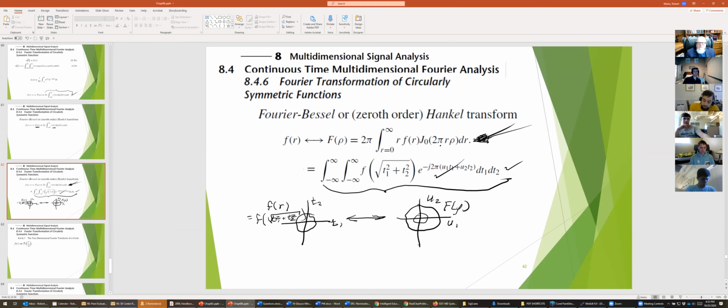So always use the Hankel transform if you're doing circularly symmetric objects. It's much easier. What's the case where the two-dimensional Fourier transform is easier? The exception. Anybody guess what the exception is?